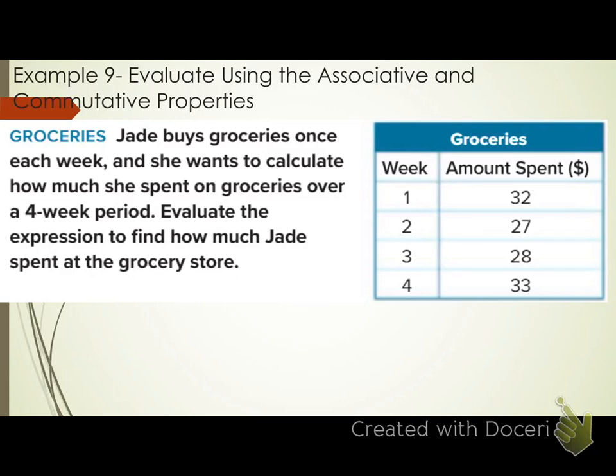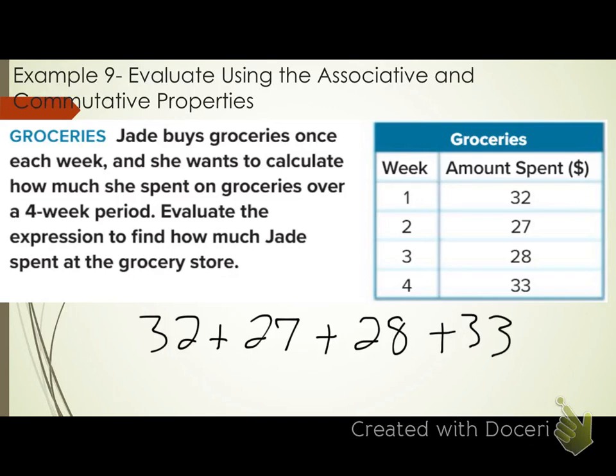She wants to calculate how much she spent over a 4-week period, so pretty much for that month, right? So if I'm wanting to find the total, what would I do here? Add them together, right? So 32 plus 27 plus 28 plus 33, right?